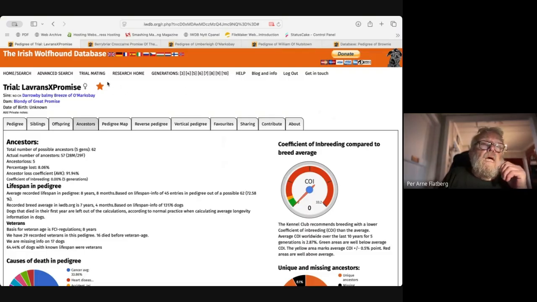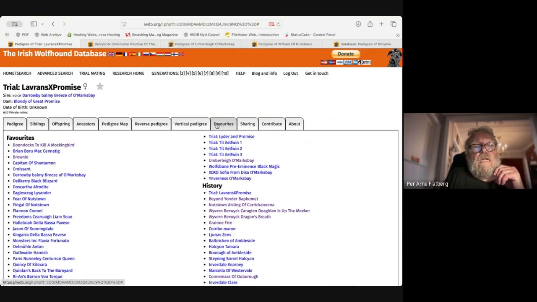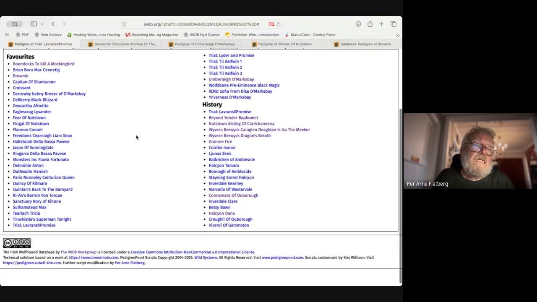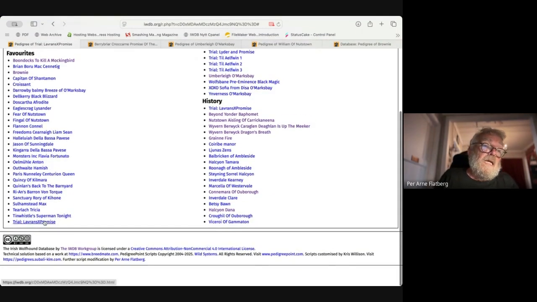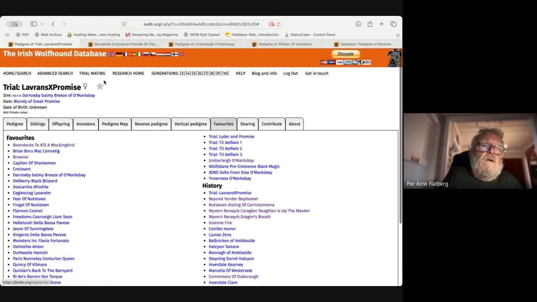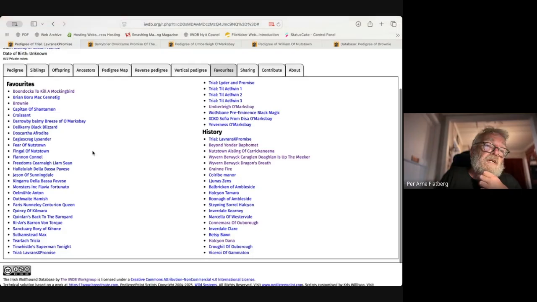So I can save that as a favorite by clicking on that orange star, and it will appear, hopefully, in my favorites part here: trial Lavrans X Promise. So when I click on the orange star, it's favorited, so it's easy for me to find it later on.